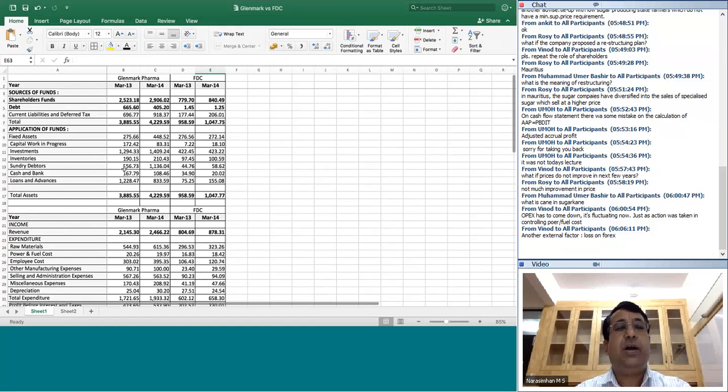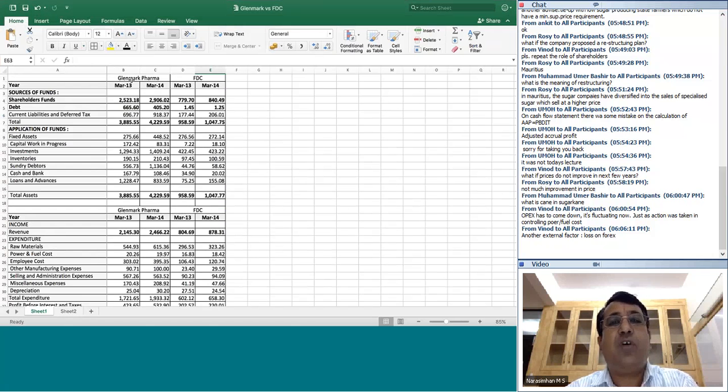Okay, I have the data of this particular, basically the inter-firm comparison. We have two pharmaceutical companies. One is called Glenmark and the other one is FTC. Company, a slightly smaller mid-sized company. And you can see, even though the numbers are slightly different, when you look into the revenue, for example, this revenue is about 800 crores.